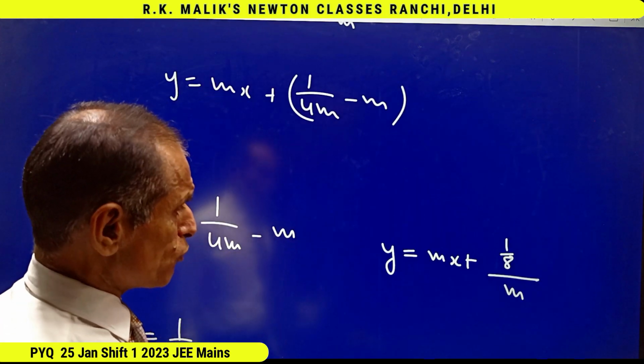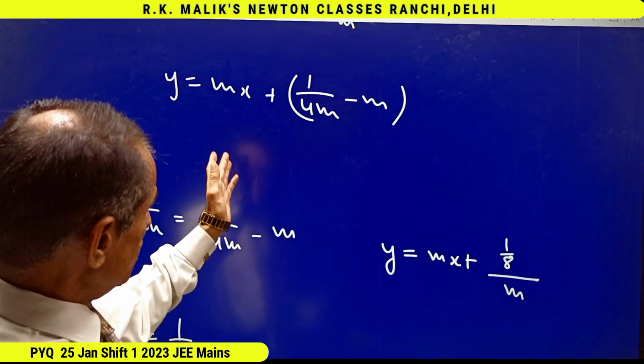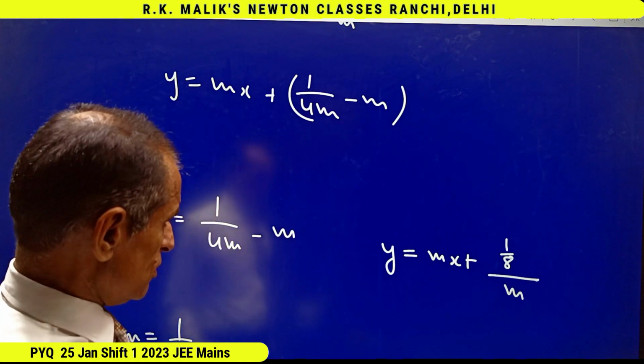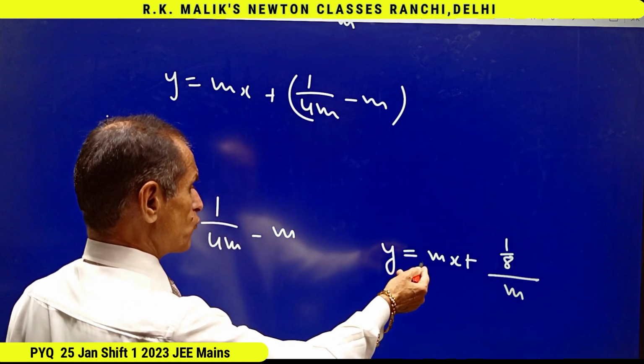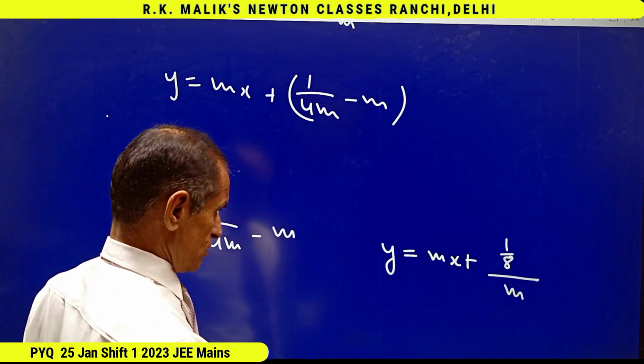Now I can put this value of m here or here. In both the cases I am going to get the same answer because both are same lines. Therefore I put the value of m = 1/(2√2) in this equation.